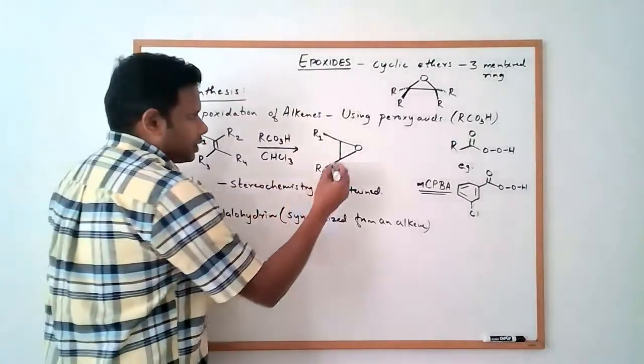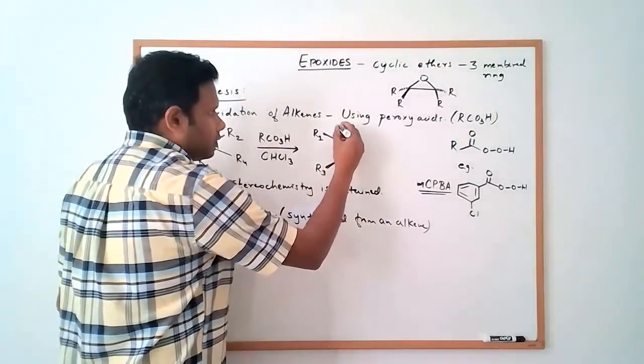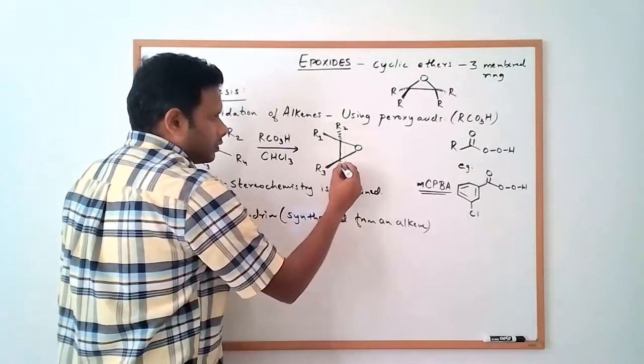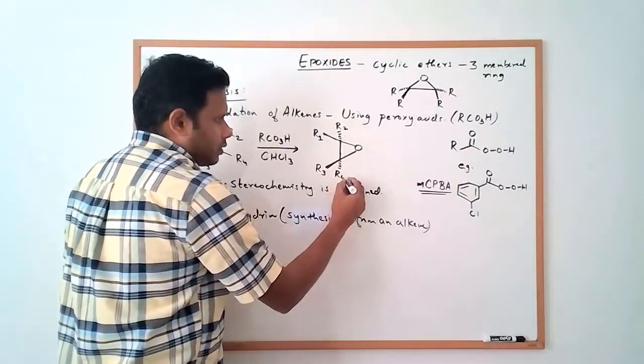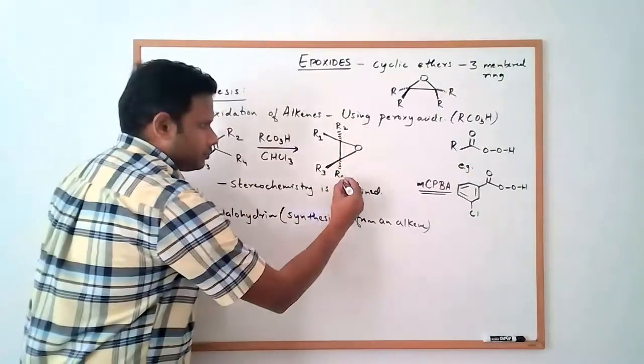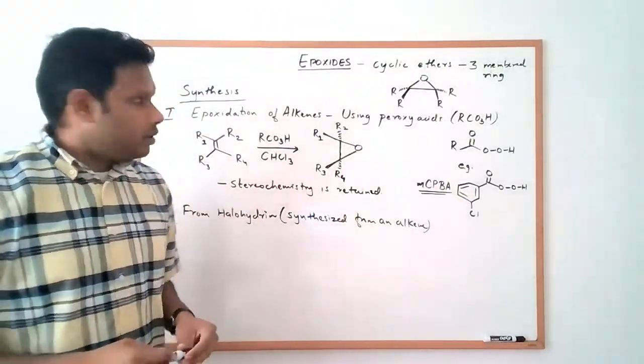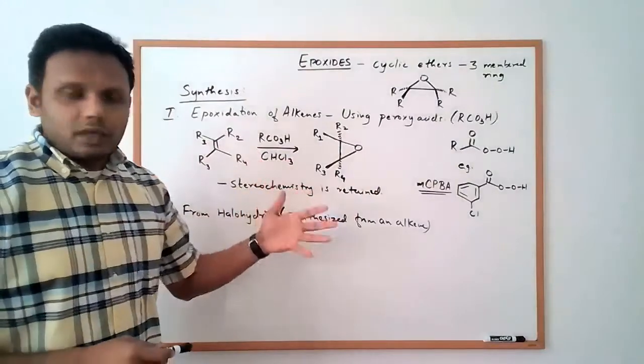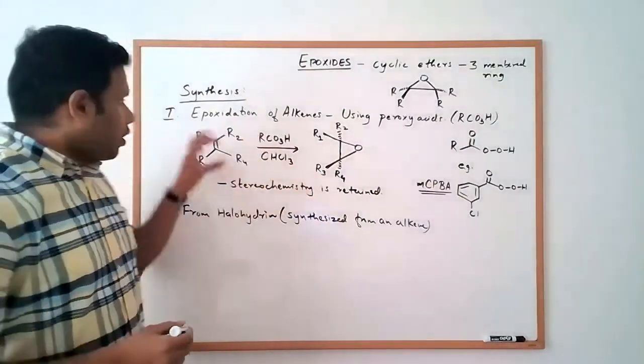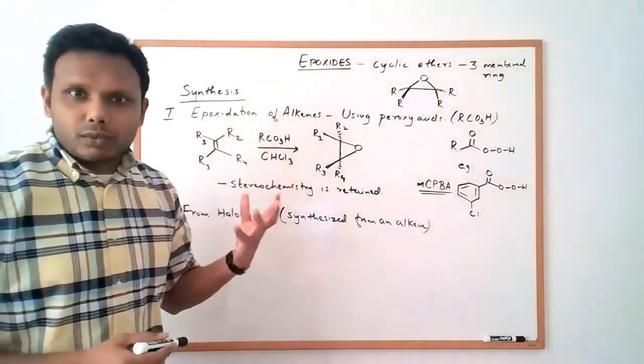And R2 and R4 are on a dash. Again, that just implies that when this reaction happens, the stereochemistry of the alkene is retained.